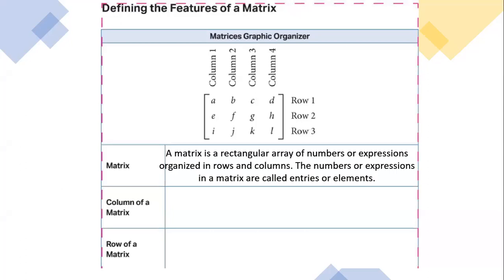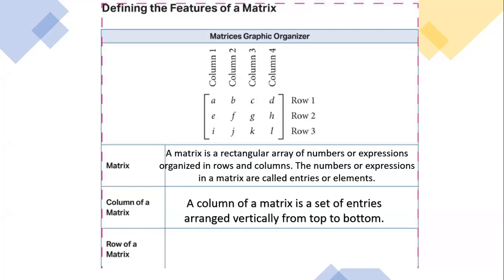All right, the column of a matrix. Think about buildings, right? Columns hold up buildings. A column of a matrix is a set of entries arranged vertically from top to bottom.